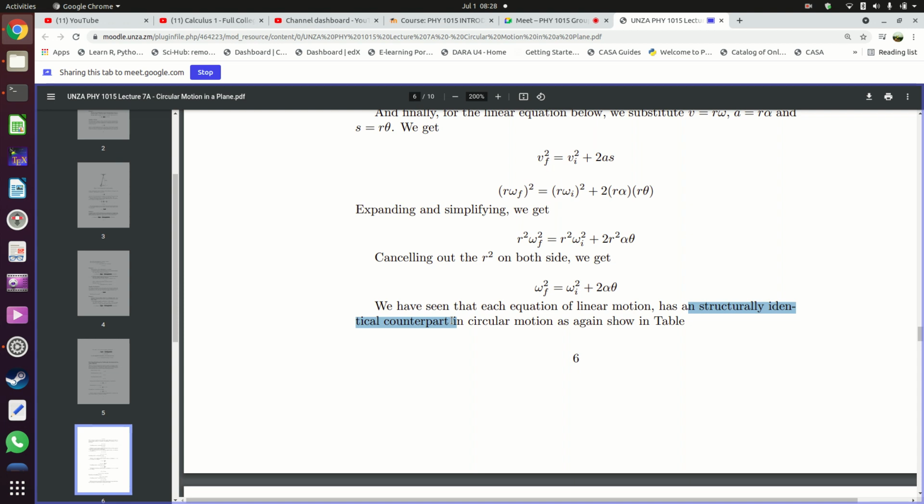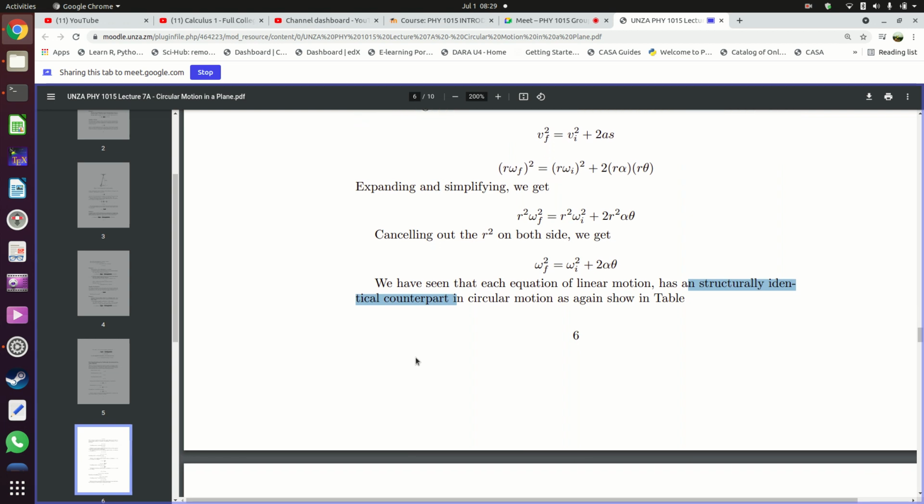Force is in a straight line, but there's something else when you're talking about a circle. When something is moving in a straight line, you talk about mass, but you don't talk about mass when an object is moving in a circle. You talk about some other physical quantity. So there are these physical quantities which we are going to introduce you to, which are rotational counterparts of these physical quantities which you have seen in a straight line.